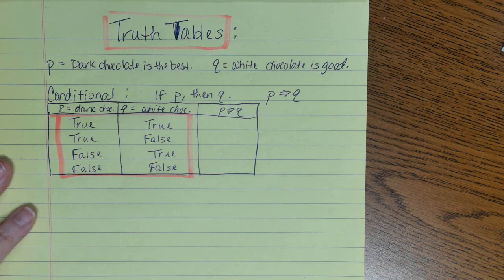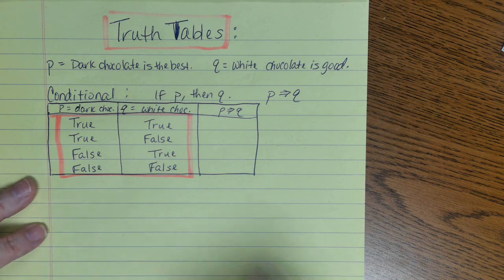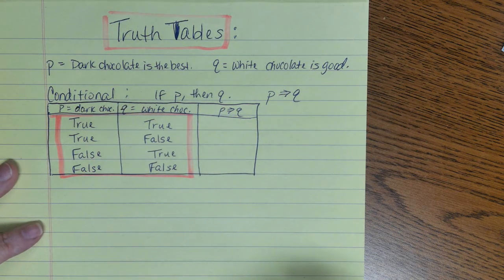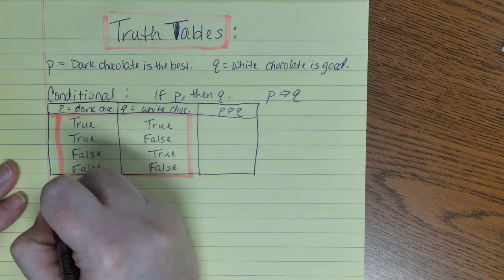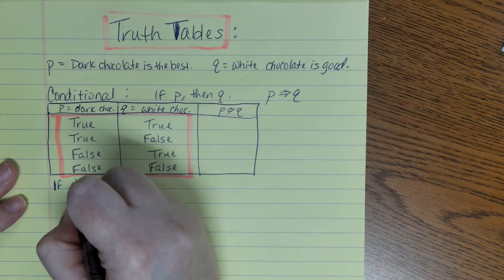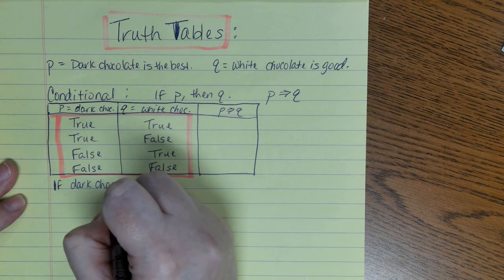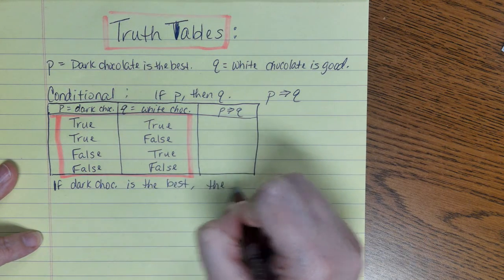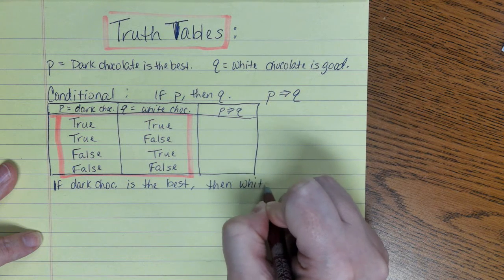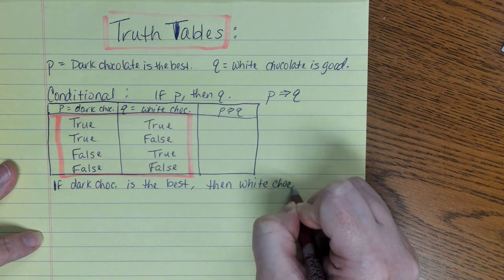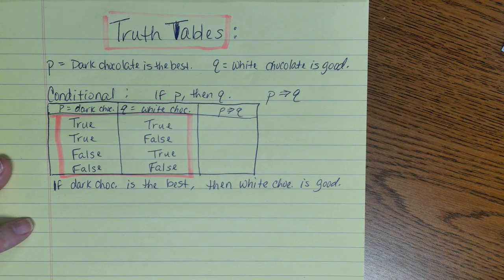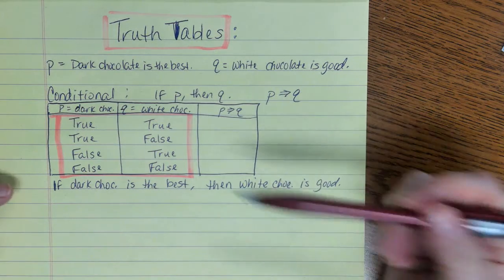So if we write our conditional statement using what P and Q are, remember it's if P then Q, what would my sentence sound like? If dark chocolate is the best, then white chocolate is good. All right, so that's our conditional statement that we're going to determine whether each scenario gives us a true or a false.